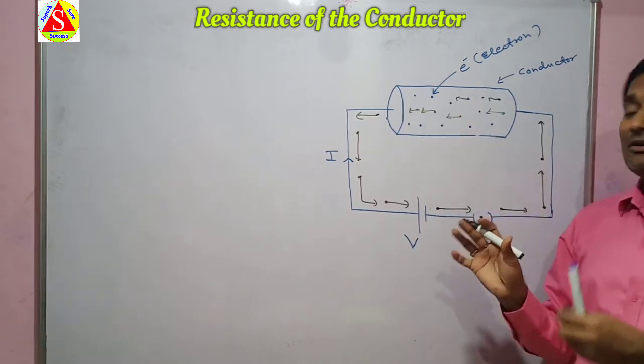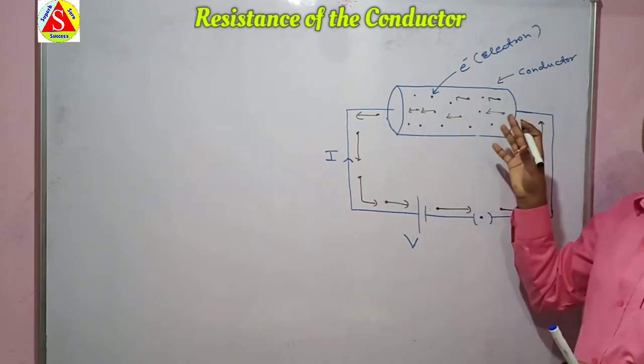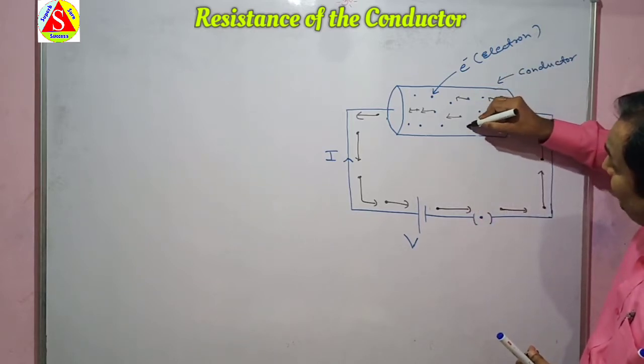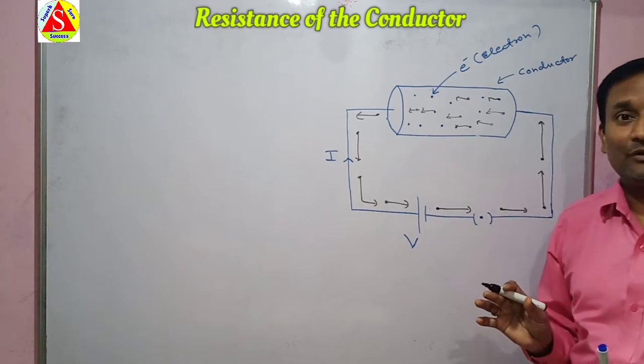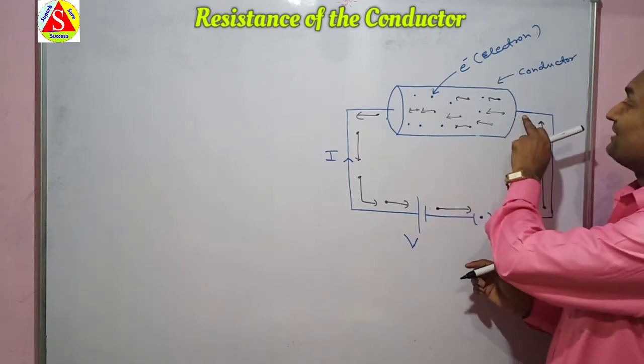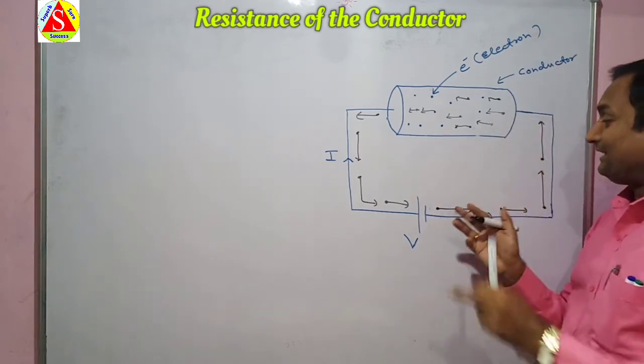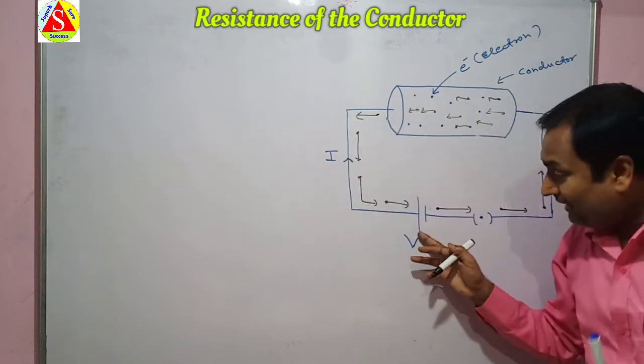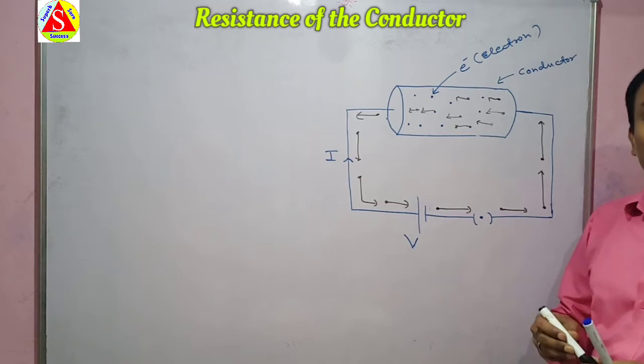Now you can see that the direction of all the electrons is the same. All of them start traveling from the negative terminal of the battery and have to reach the positive terminal of the battery.